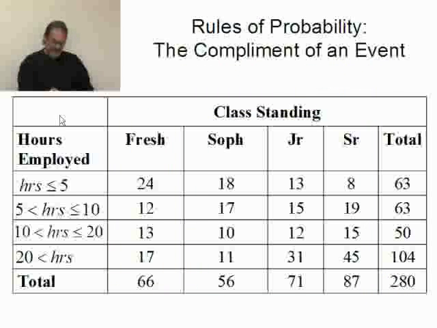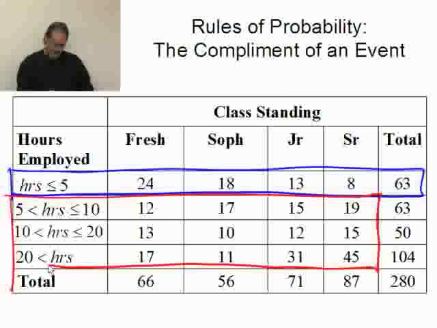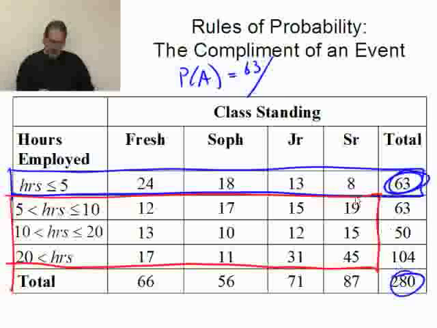Likewise, if we said the event we're interested in was somebody who worked less than or equal to 5 hours, then the complement is going to be everything else. Now, the probability of A, less than or equal to 5 hours, is going to be, there's 63 divided by the total 280.